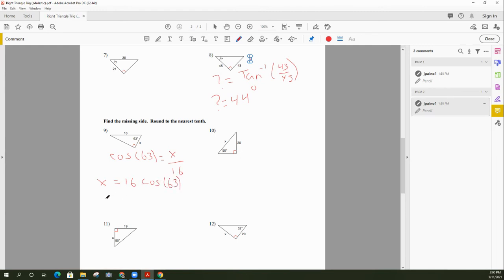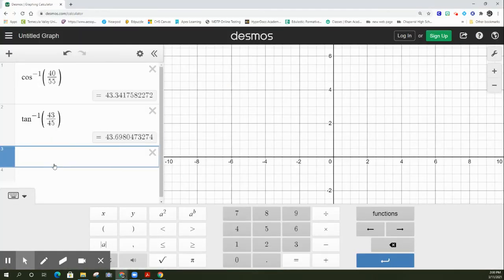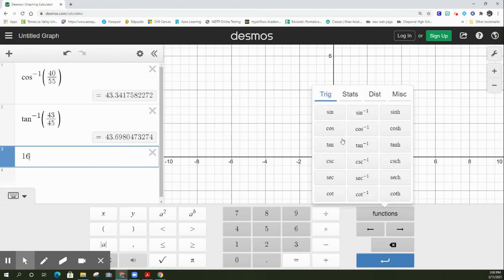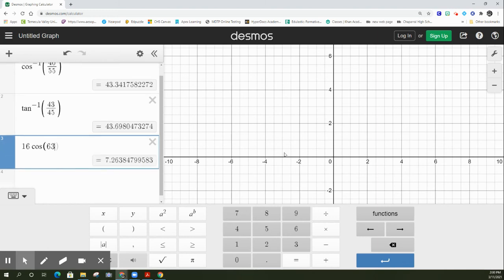That's my answer, but I need to type that into a calculator to get the decimal. This one says round to the nearest tenth, so now we're typing in the number with one decimal. Let's go back to Desmos, and we're looking at 16 times cosine of 63 degrees. That is 7.26, so that's going to be 7.3.